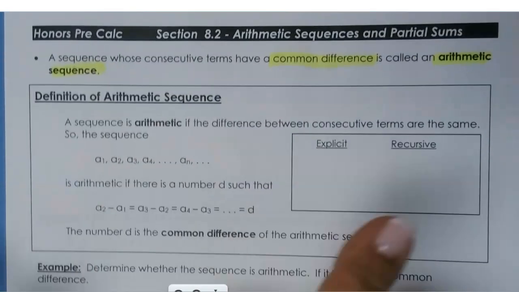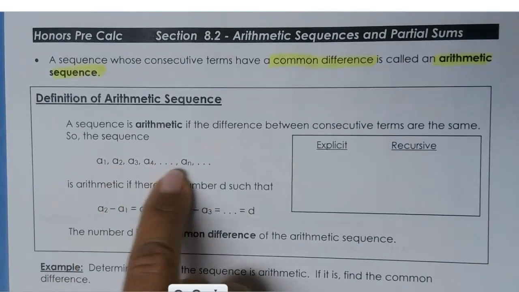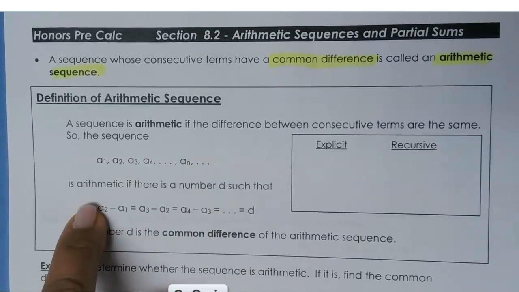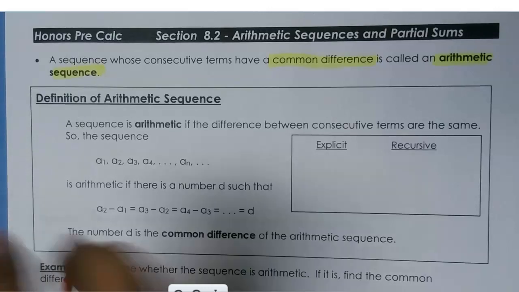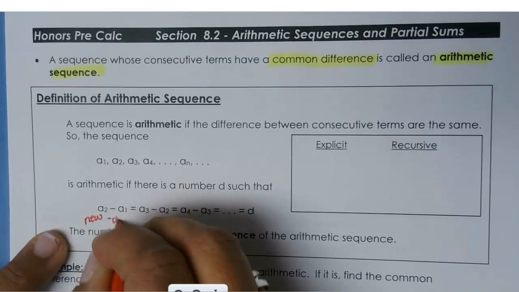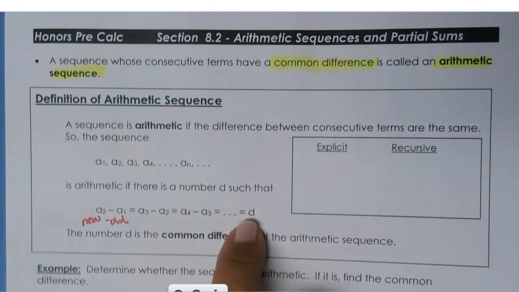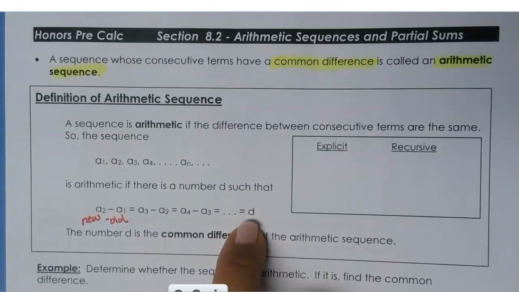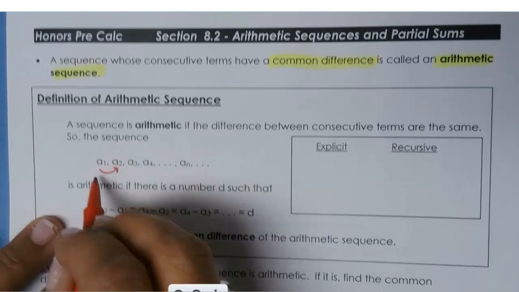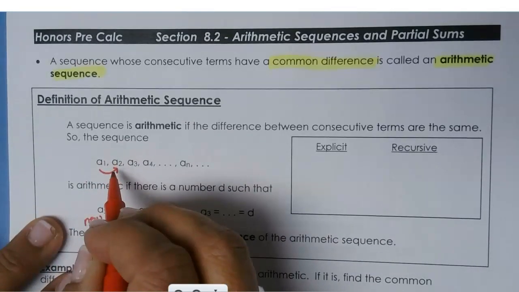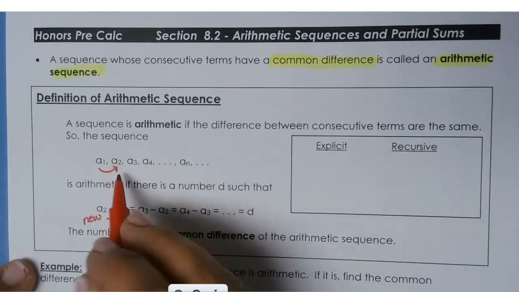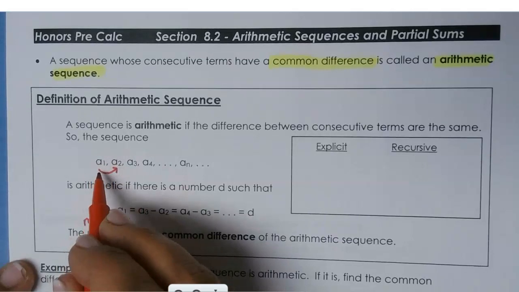So what it means to have a common difference, if we have a sequence like this, is that if you take the new term minus the previous term, so again, this is the new term minus the old term, that's going to give you your common difference. The way we often think about it is like going from a sub 1 to a sub 2, what are we adding? But the technical way to do that is to take the new term and subtract the old term.